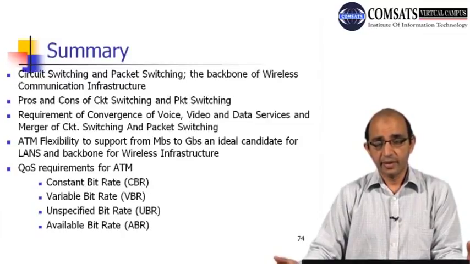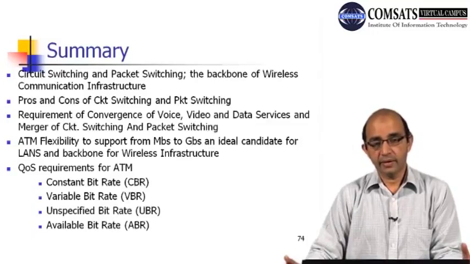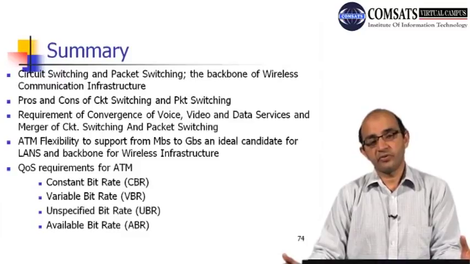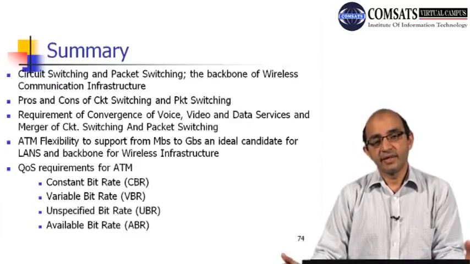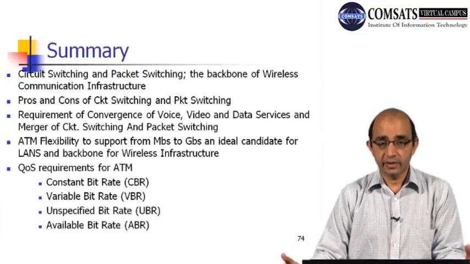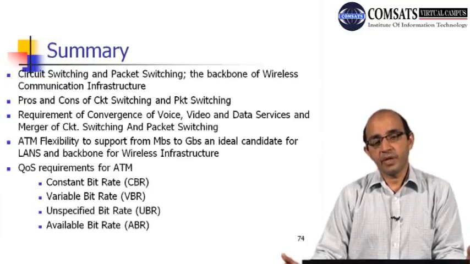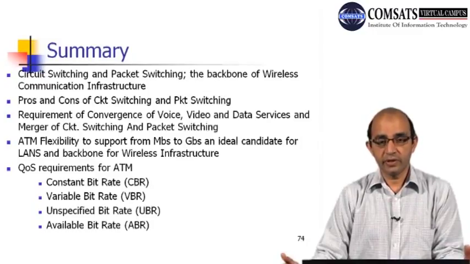We then mentioned ATM, and the flexibility offered by ATM. As we mentioned, when we are accessing different services, sometimes we need a higher downlink, or sometimes we need a higher uplink. So ATM has the flexibility to adjust to the requirement of the service.